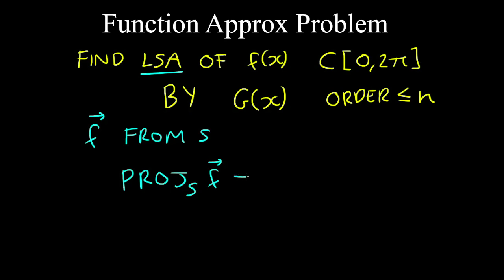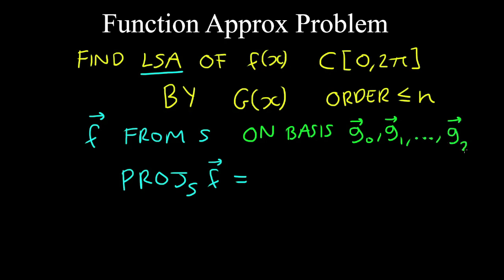So to be able to compute this orthogonal projection, we want to find an orthonormal basis being the set of vectors g0, g1, up to g subscript 2n. So remember that the subspace S is a 2n plus 1 dimensional subspace.